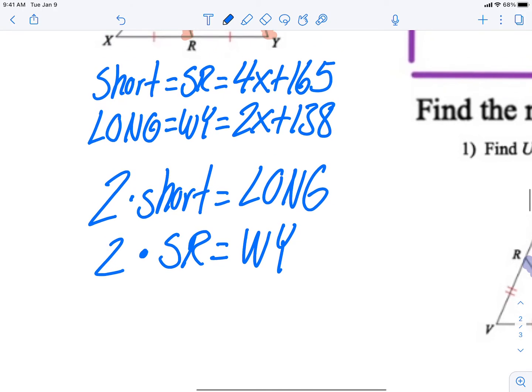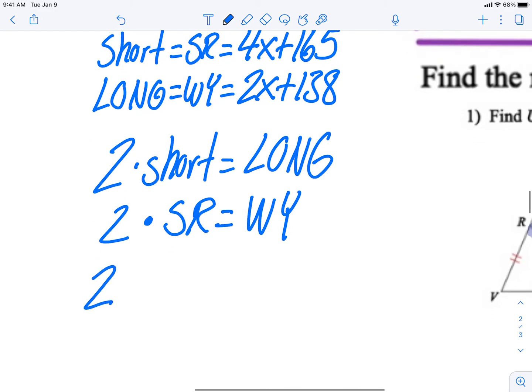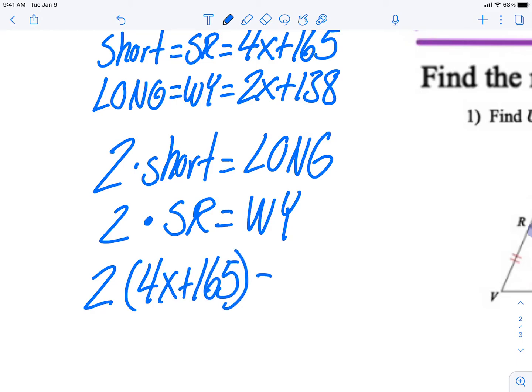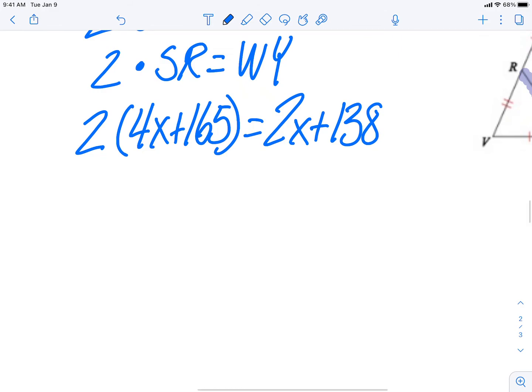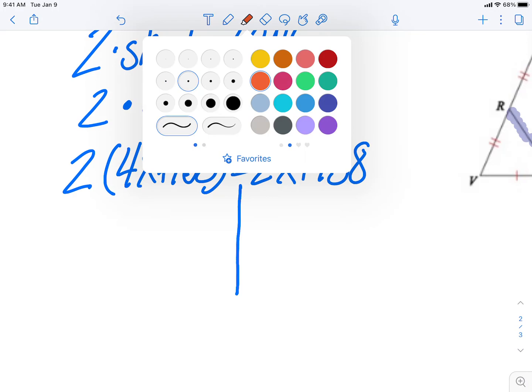How much is SR? Well, SR is equal to 4x plus 165. So 2 times (4x plus 165) is equal to WY. WY is 2x plus 138. Right? And look at that. That's just a regular equation problem, right?